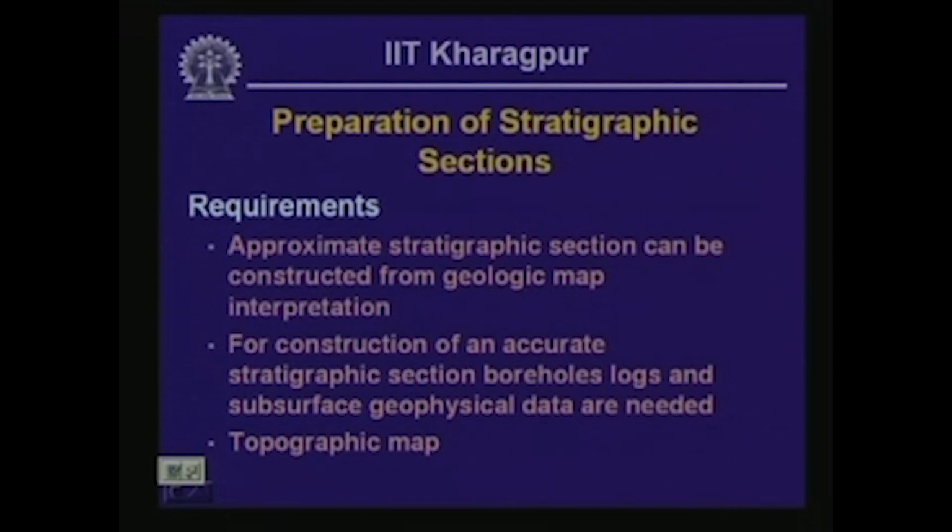Now, for preparing stratigraphic sections, as we have noticed earlier, we can use the information based on which we constructed the geologic map in the first place, and we can also use the information from the interpretation procedure followed by the engineering geologist while preparing the geologic map. Now, that is going to give you a very approximate stratigraphic section though.